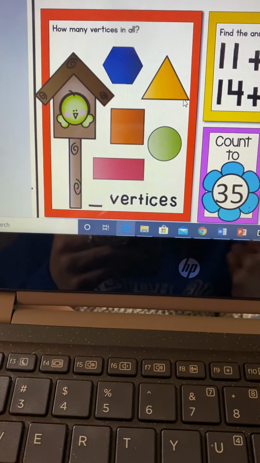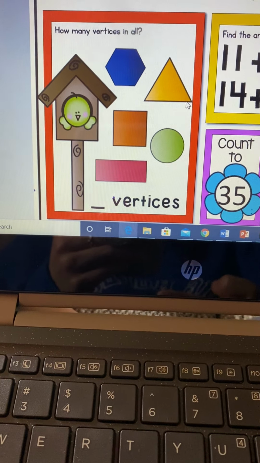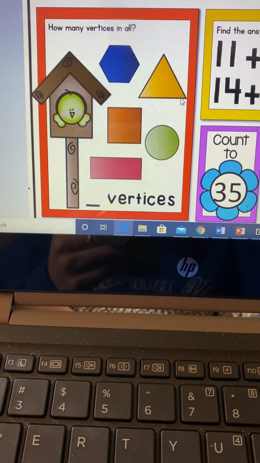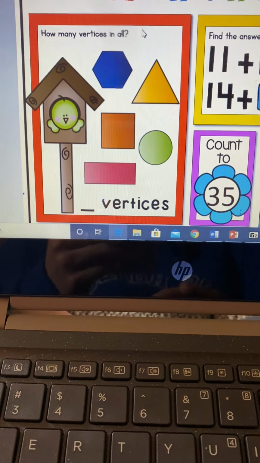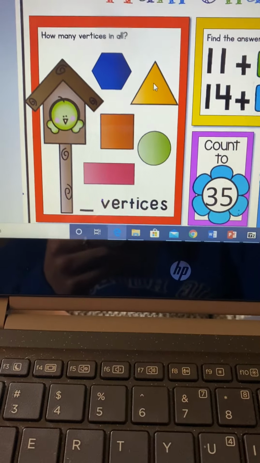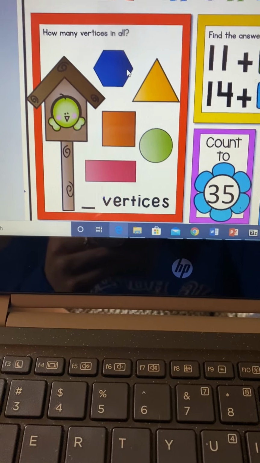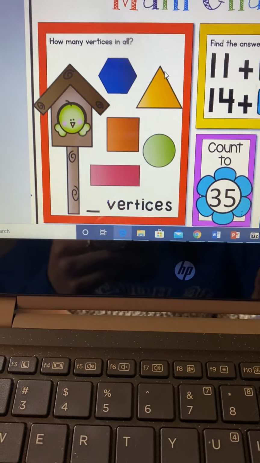So counting on is, remember, the number we leave off at, we have to count up from there. So for example, if we left off at 3, like the triangle we talked about, the next shape we would have to start at 4 because 4 comes after 3.